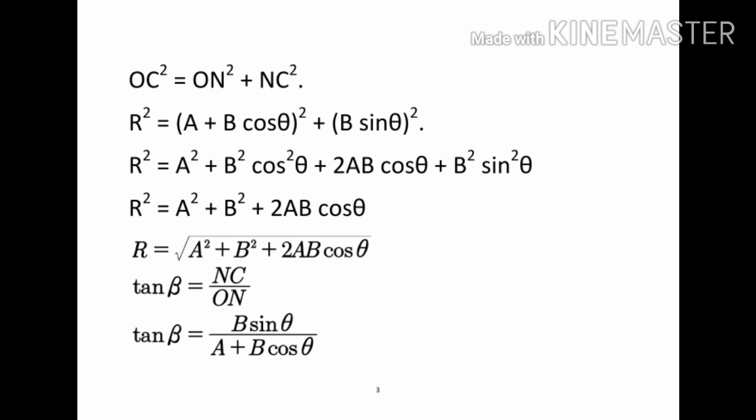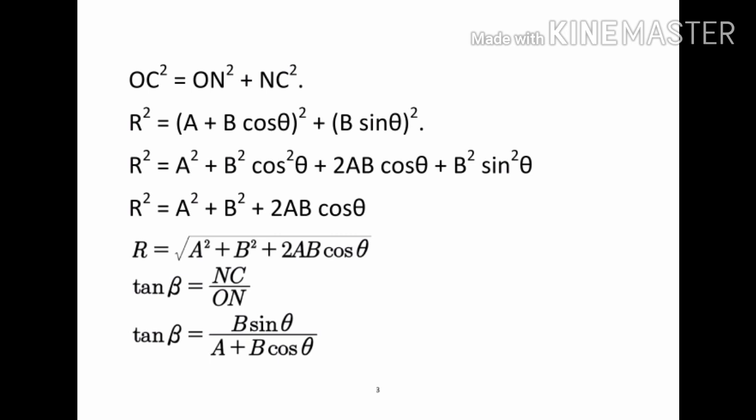By substituting the values we get R square is equal to (A plus B cos theta) whole square plus (B sin theta) whole square. By expanding this, R square is equal to A square plus B square cos square theta plus 2AB cos theta plus B square sin square theta. That implies R square is equal to A square plus B square plus 2AB cos theta, and therefore R is equal to root of A square plus B square plus 2AB cos theta.